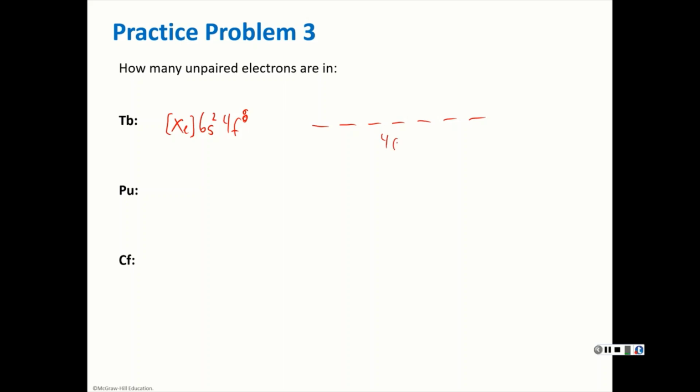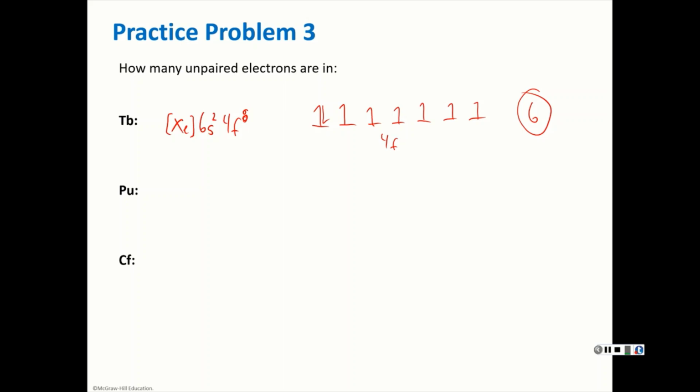We have 8 electrons to put in there: 1, 2, 3, 4, 5, 6, 7, and finally 8. We have 1 that's paired and 6 that are unpaired. So 6 is our number of unpaired for Tb.